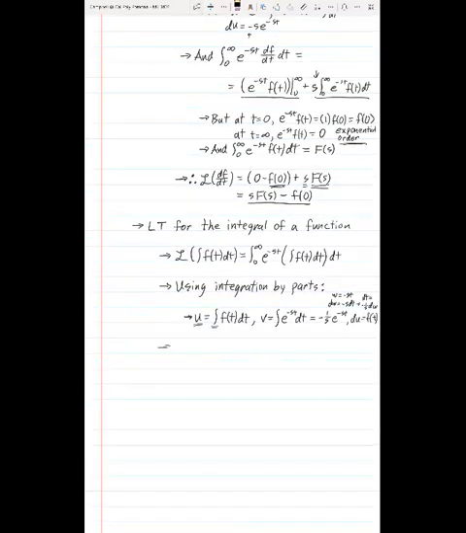Sorry for squeezing that in there, but I think you can see it relatively well.